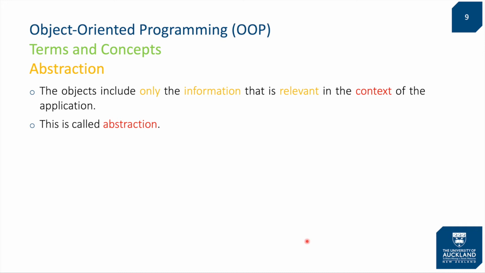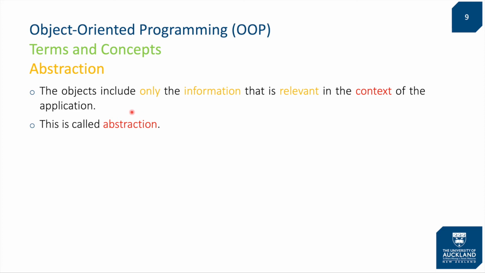Instead, there is other information that's important. For example, what is the dimension of the package, what is the weight of the package, and etc. So this is called abstraction.